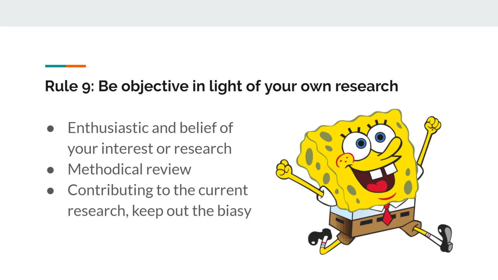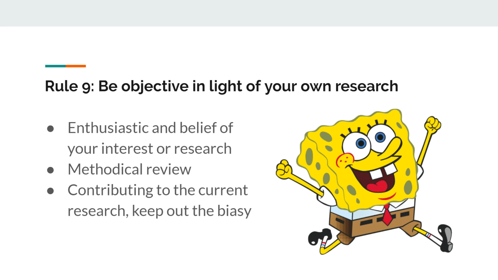Be objective in the light of your own research, which I've already talked about. Be enthusiastic and show belief in your interest in research. You should show in your literature review that you do care about this topic, and it's not hard to show that, but it's just showing a general interest in the topic you're doing.